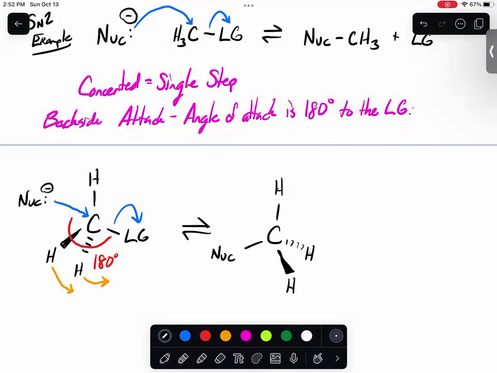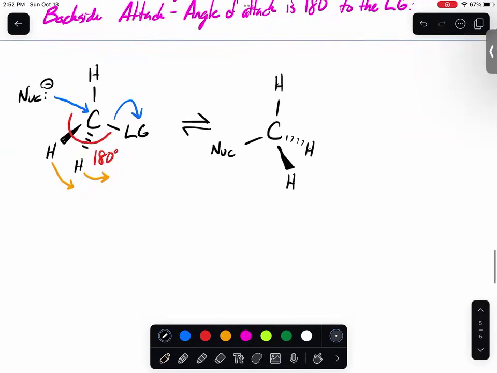You can think of it kind of like when your umbrella flips inside out, because that essentially makes every group change their positions.